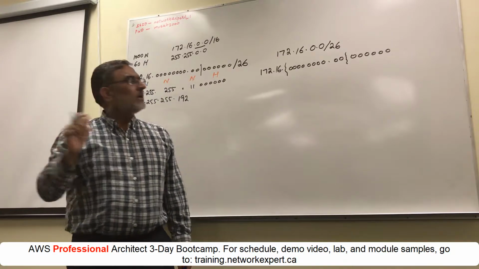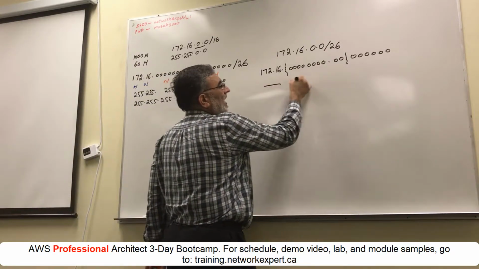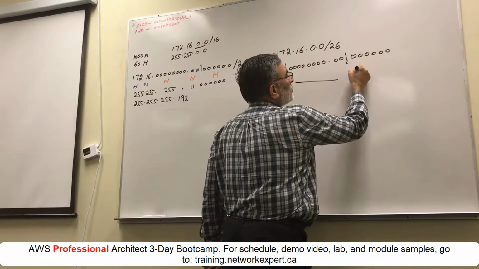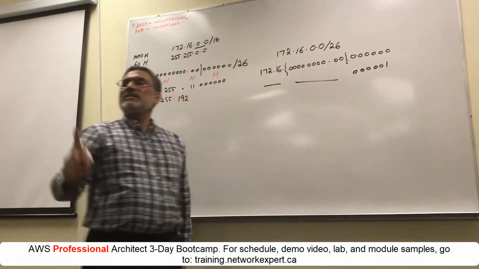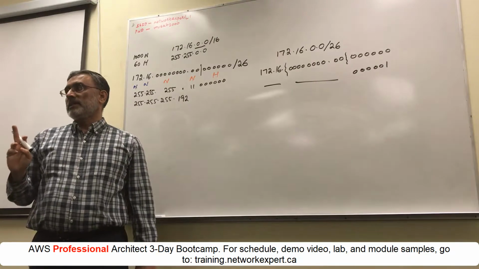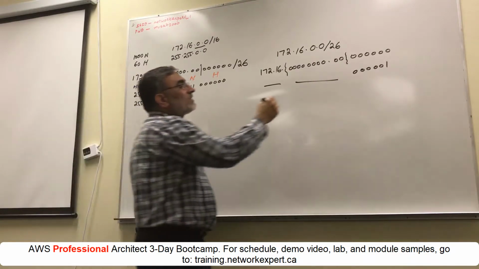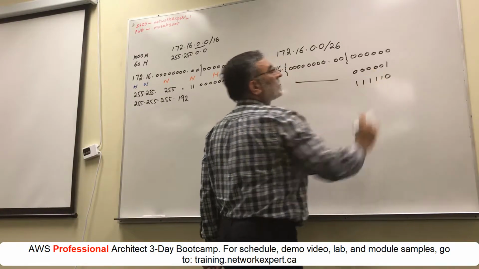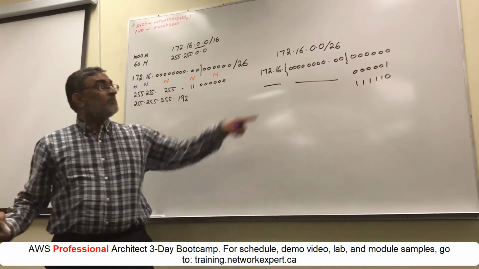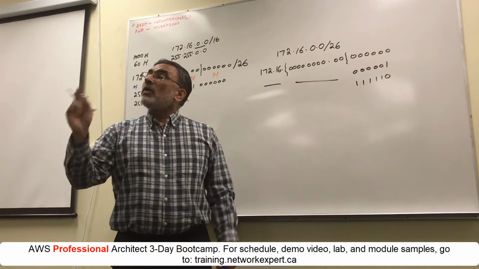What will be the first valid IP address? Everything stays the same in the host portion, all zeros with the last one being a one, is our first valid IP address. The last valid IP address will be all ones with the last bit a zero.